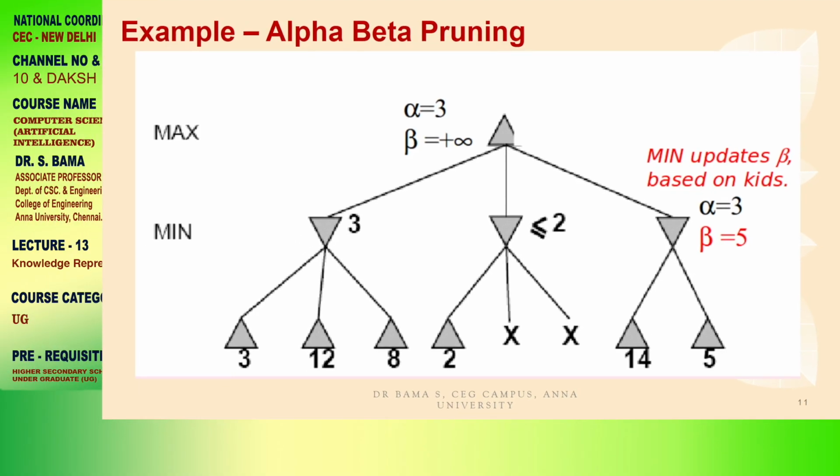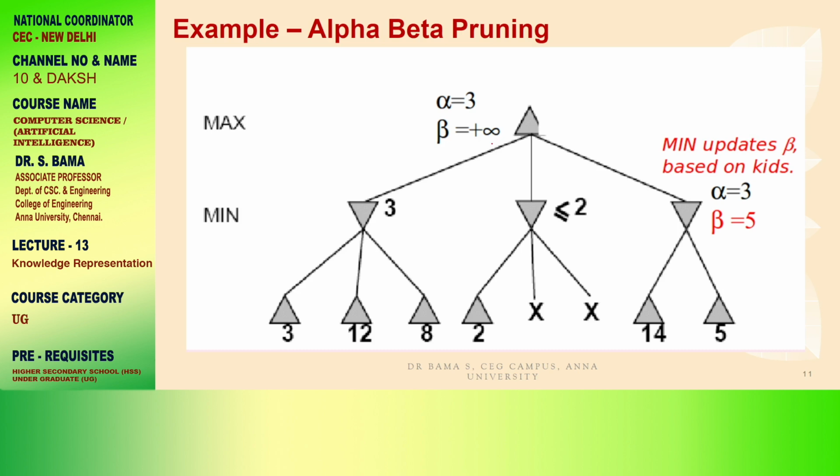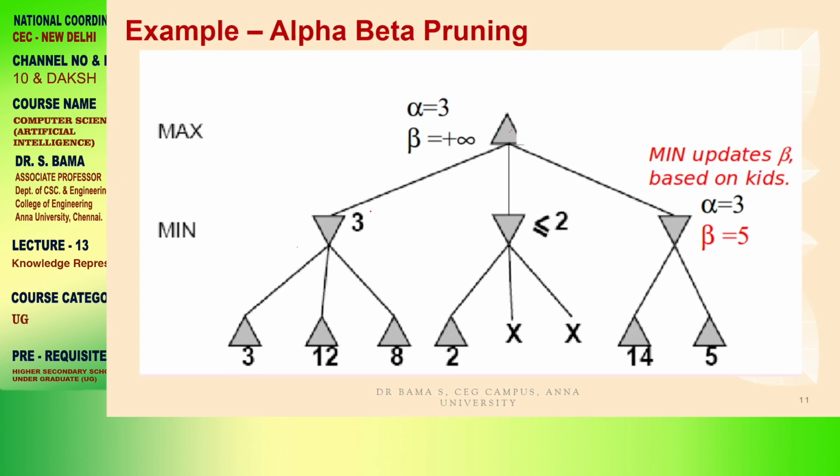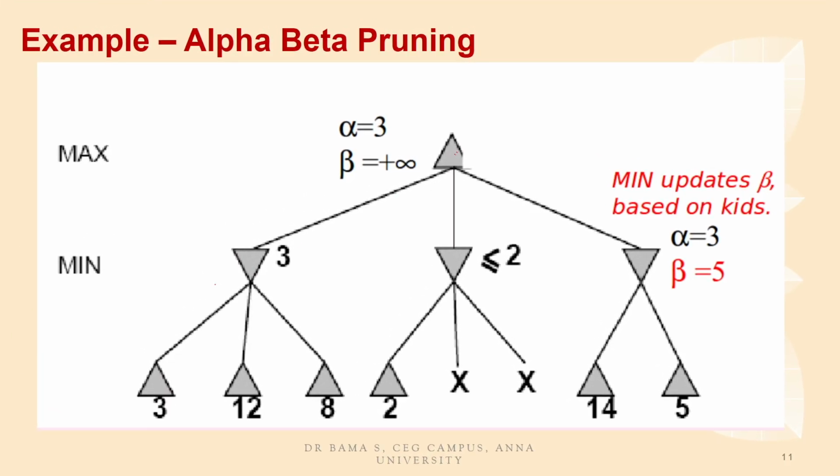Suppose we take this example, maximizing and minimizing can be represented as a tree, where at the root, if it is the maximum of one player, the other player placed next wants to minimize it, and again the next player wants to maximize it. So, it goes like this, and this is an example of alpha beta pruning. This search is applicable when the entire tree need not be propagated.